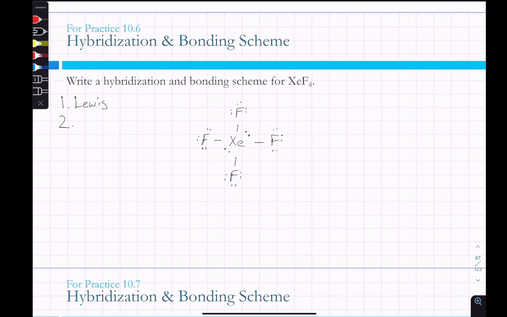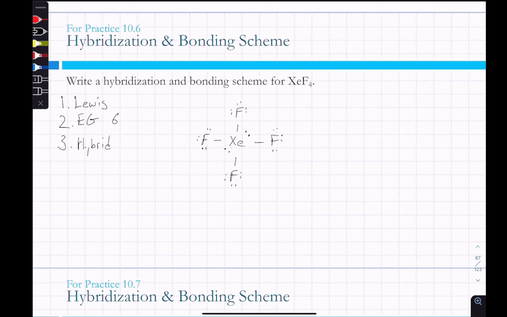Establish electronic geometry. Yeah, establish electronic geometry and electron groups. Right, so to establish the electron geometry, we need to know how many electron groups we have. So how many electron groups do we have? 6. So what's the correct hybridization?